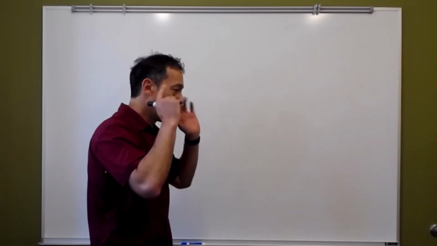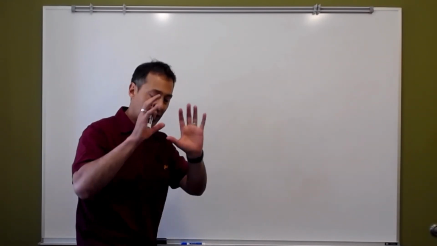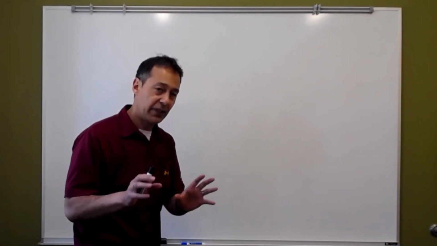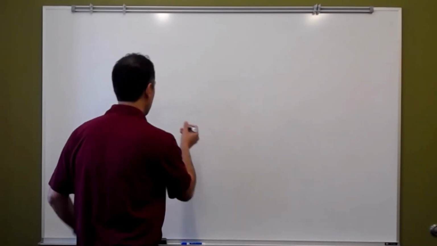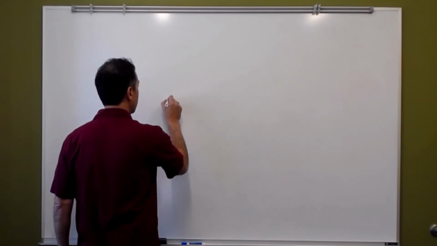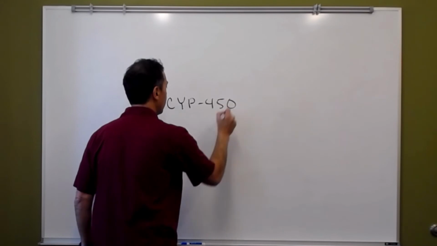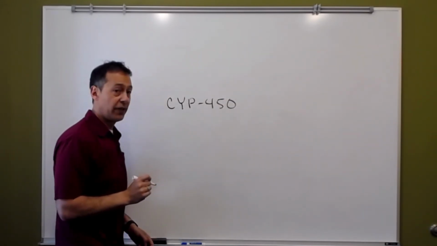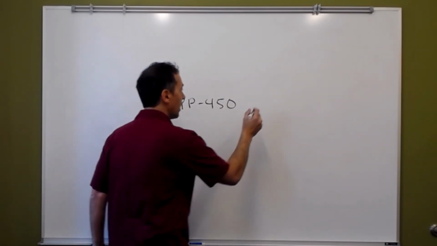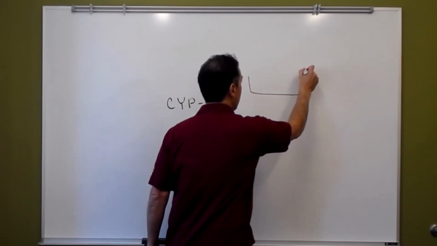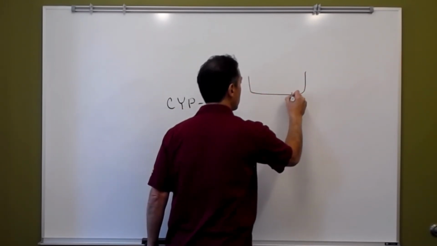The way this works is there's a series of enzymes called the cytochrome P450 system, or CYP450. Think of it kind of like you have a bathtub like this, and in the bathtub you have a drain.